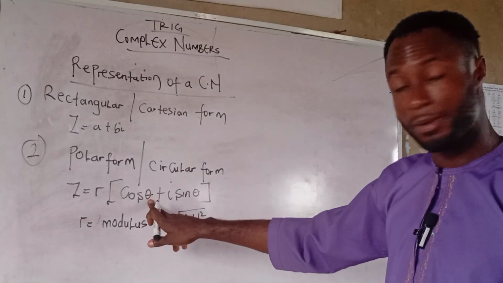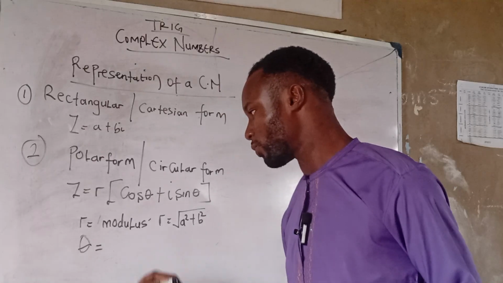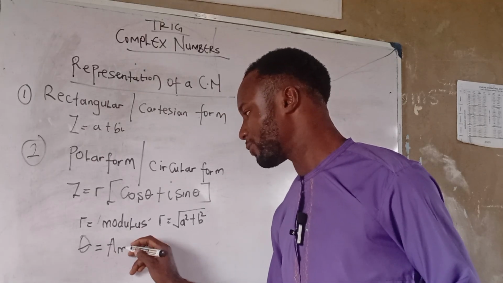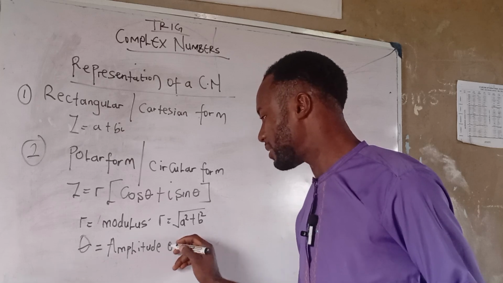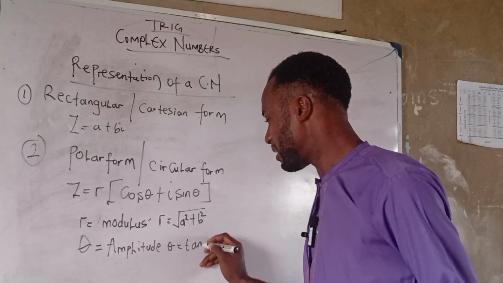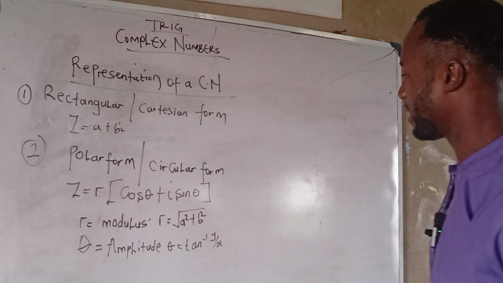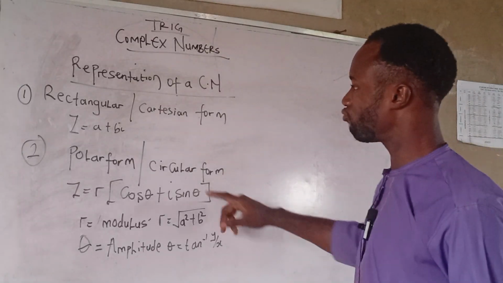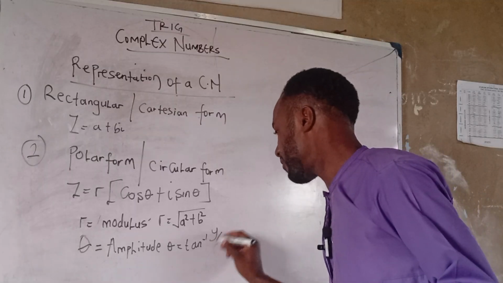Then let me bring this down. Let me simplify this theta. Theta is equal to, they call this one the amplitude, and the formula is the tan inverse of y all over x. Okay, it should be y divided by x.